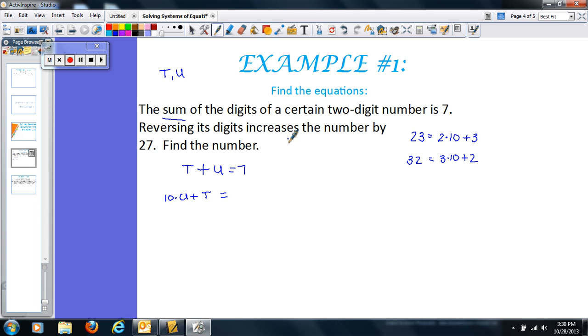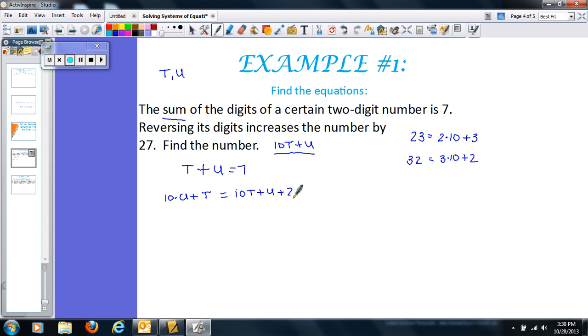Our number to start with, because we don't know what it is, would be 10t plus u. That's our number. Now I'm reversing it, which means it will be 10u plus t. Now it says reversing its digits increases the number, so the original number you started with, by 27.